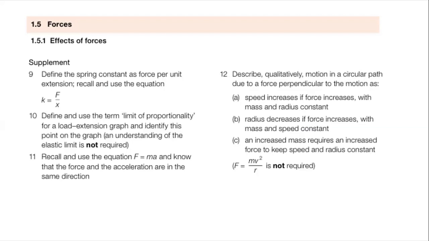B, radius decreases if force increases, with mass and speed constant. C, an increased mass requires an increased force to keep speed and radius constant. F is equal to mv squared divided by r is not required here.